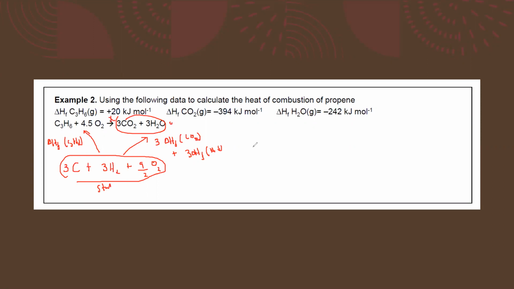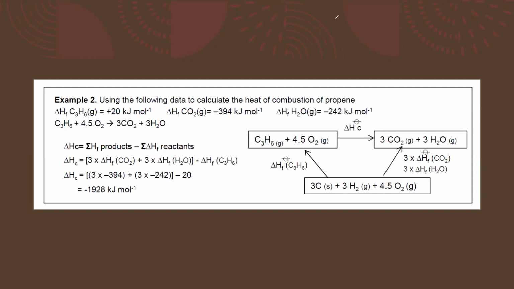So the standard enthalpy change of formation of propene C3H6 plus X is equal to 3 times the standard formation of carbon dioxide plus 3 times the formation of water H2O. And then we need X, it will move to the other side, we'll subtract and get the final answer. Is this example clear?